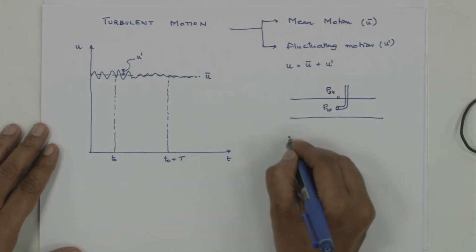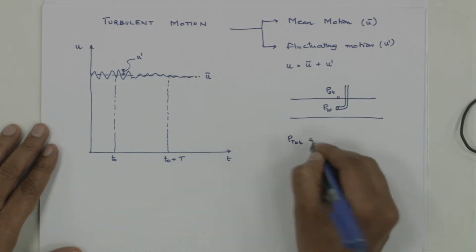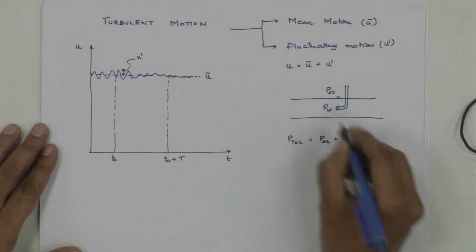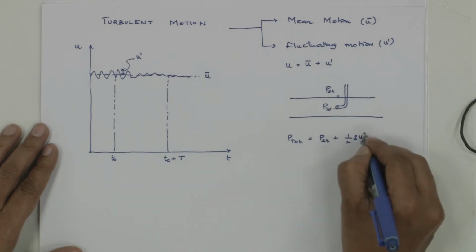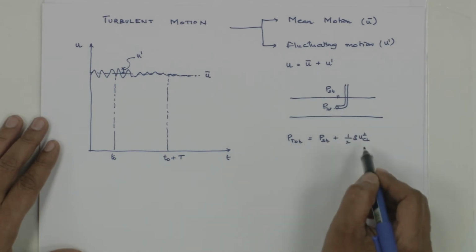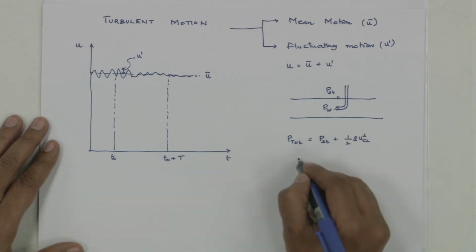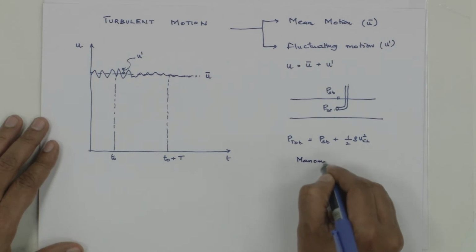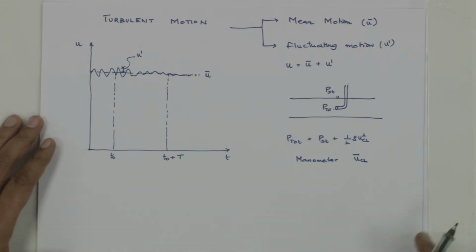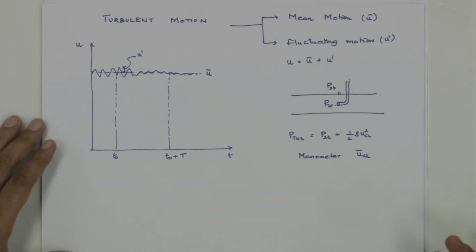So P total is equal to P static plus half rho u center line squared. At this location you get the velocity. If you connect this to a manometer, you are going to get the mean u center line bar, because a manometer is a very slow device with a lot of inertia, it cannot respond fast. So you will be able to measure only the mean motion.